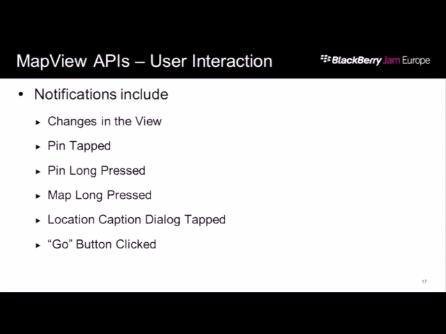So we've got things like notifying you when somebody zooms in, zooms out, pans. They tap on a pin. They do a long press on the pin. They do a long press on an empty space of map. They tap on the dialog, or they press the go button, and so forth. So you can set up your application to respond to these actions, or you can ignore them, depending on the user scenario that you've got.